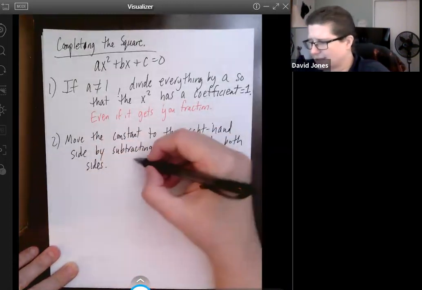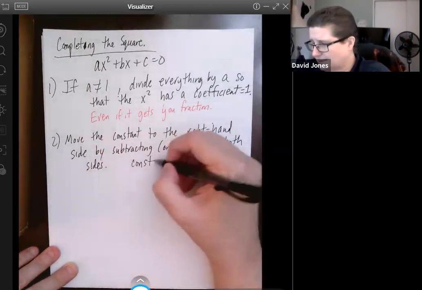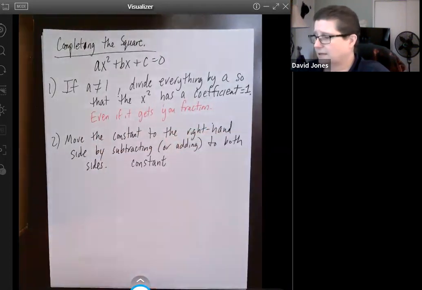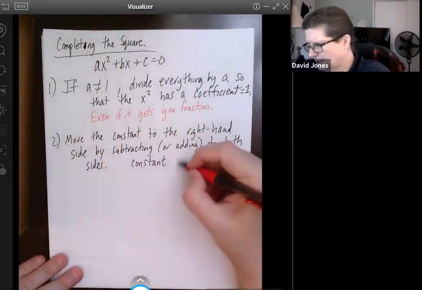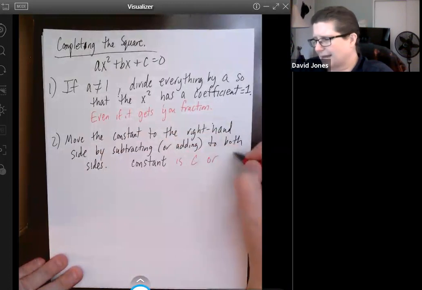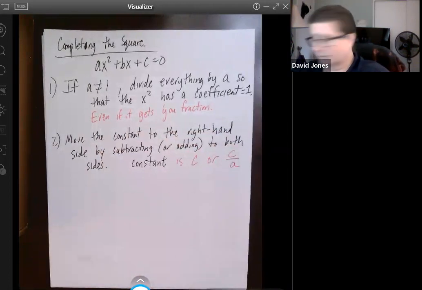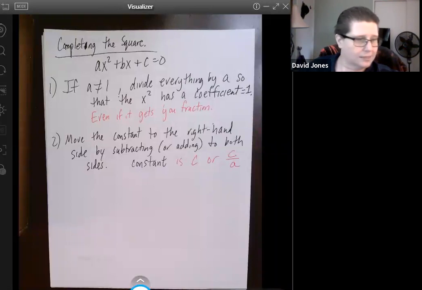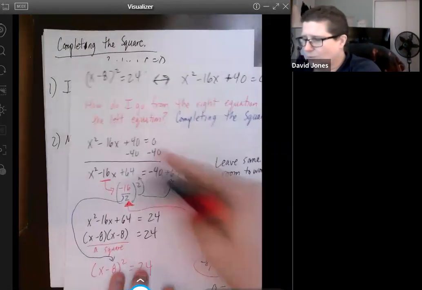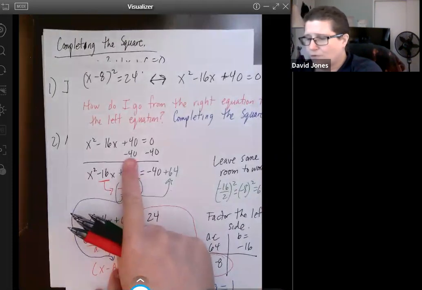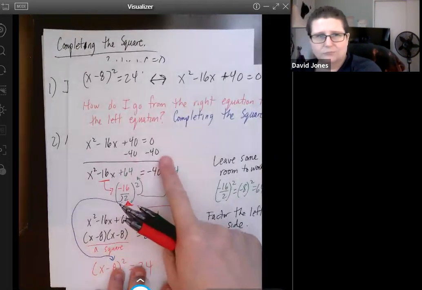And the constant is either c, or if we divide it by a, it's c over a. Okay? In the last problem, the constant was, let me pull it back up, the constant was this 40. I moved the 40 over by subtracting. Okay?